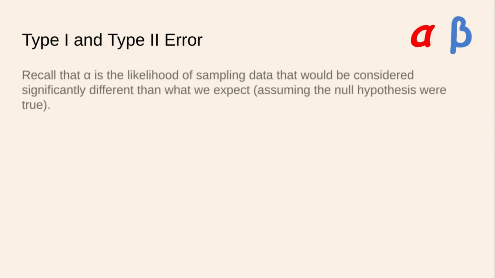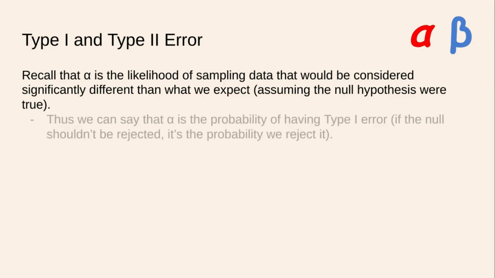So now we get to link the types of error, specifically type 1 error, with things that we have discussed before. Recall that alpha is the likelihood of sampling data that would be considered significantly different than what we expect, assuming the null hypothesis were true. If our p-value is less than alpha, that is the statistics definition of a significant result.